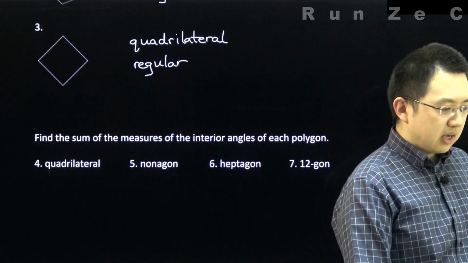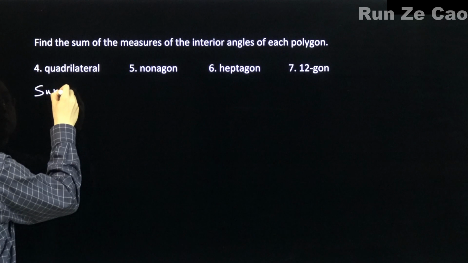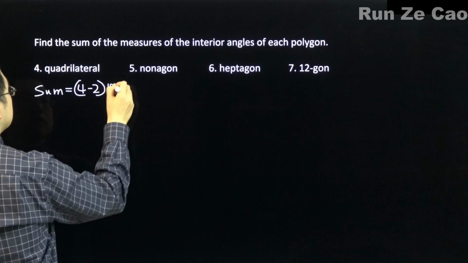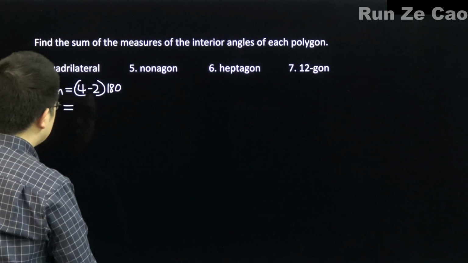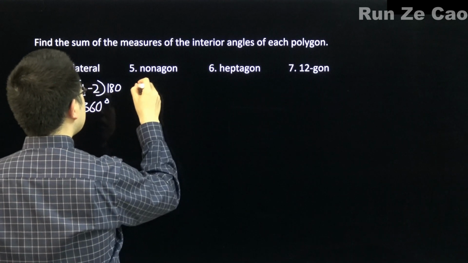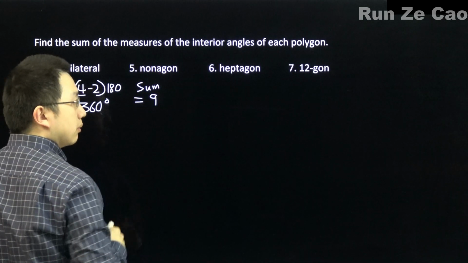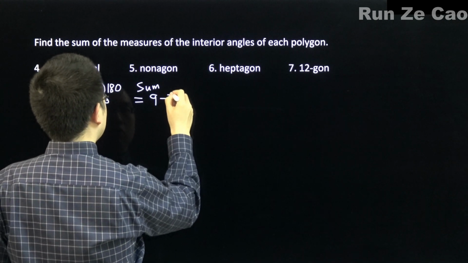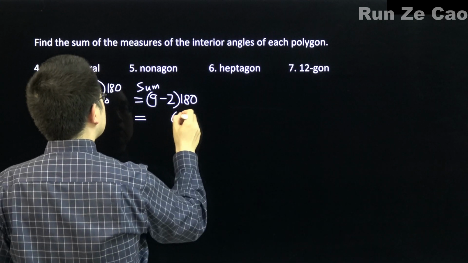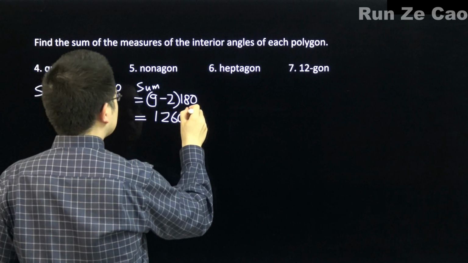Alright, let's find the sum of the measures of the interior angles of each polygon. Now for a quadrilateral, the sum equals 4 minus 2 times 180 degrees, which is equal to 360 degrees. Now for a nonagon, the sum is equal to 9, nona means 9, minus 2, so 7, times 180 degrees. So 1260 degrees.